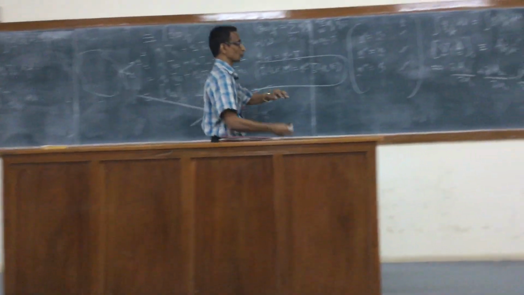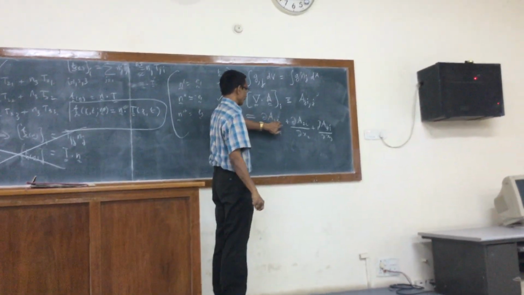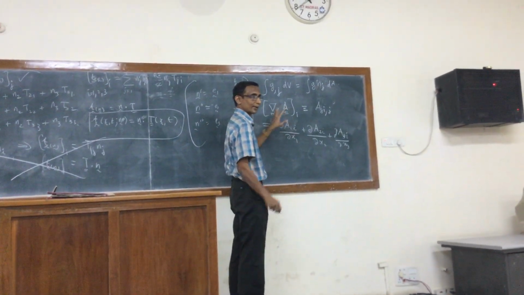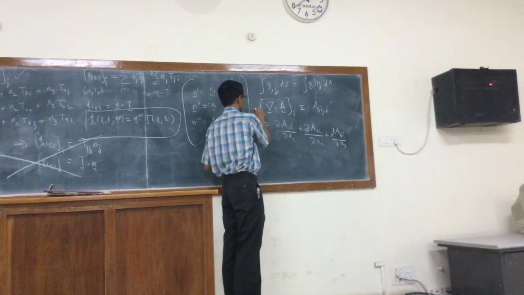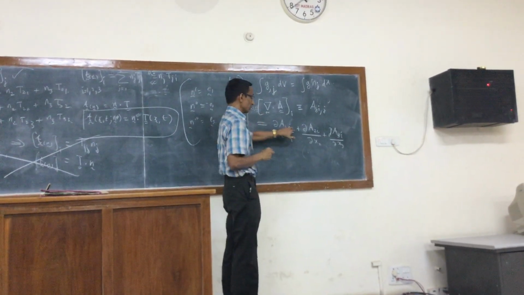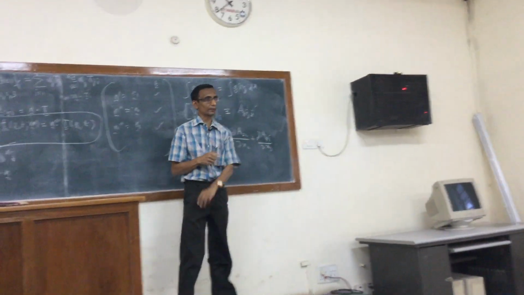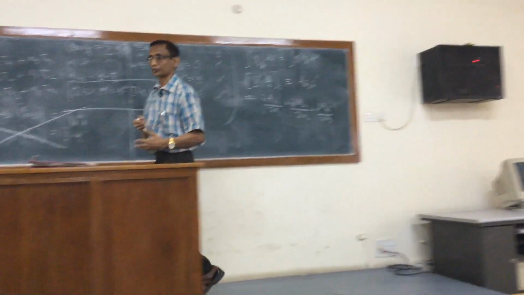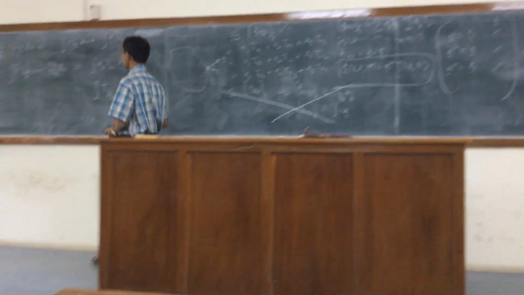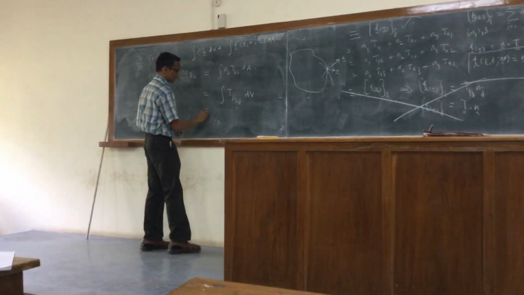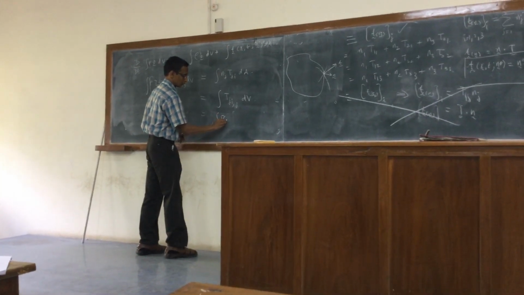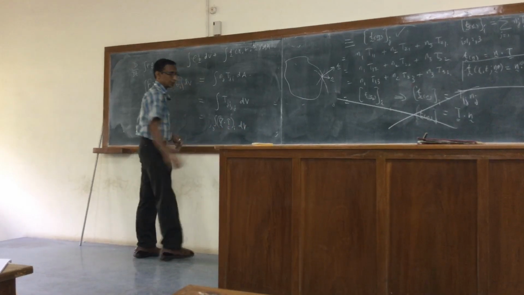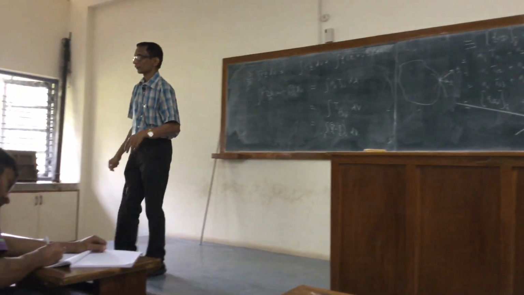I write j equal to 1, dA_1i by dx_1, and i can be 1, 2, 3. That's clear, right? An arbitrary component. If I want i equal to 1, I will replace i by 1, so you get 3 components that way. So it is clear that this is nothing but the volume integral of dV.